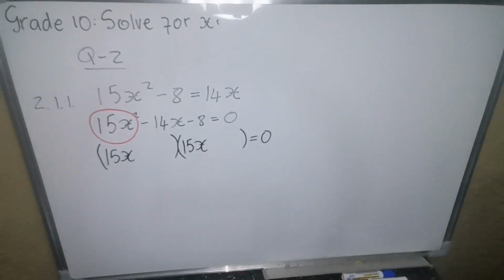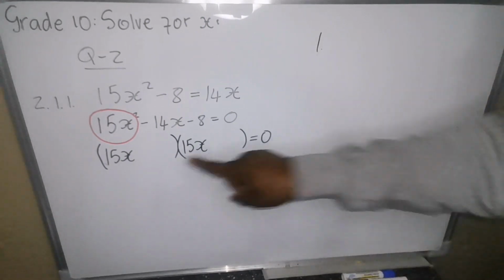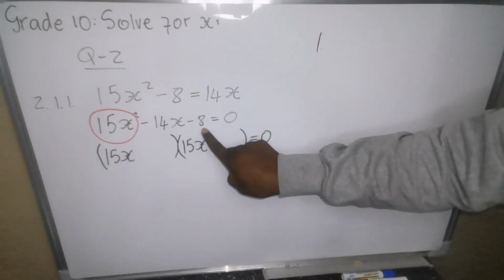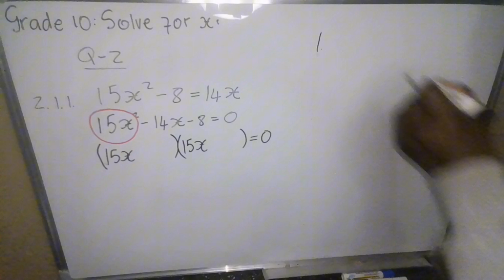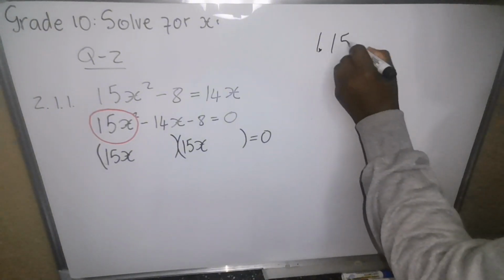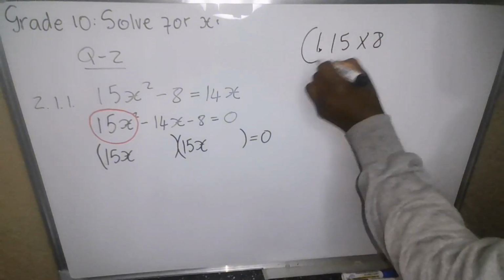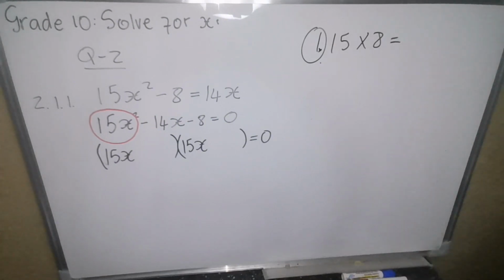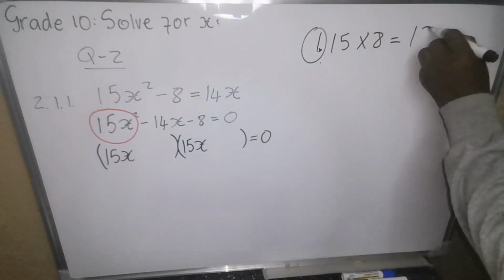Now your first step towards finding the solution: you multiply 15 and 8, leaving out the signs. 15 times 8 is 120.